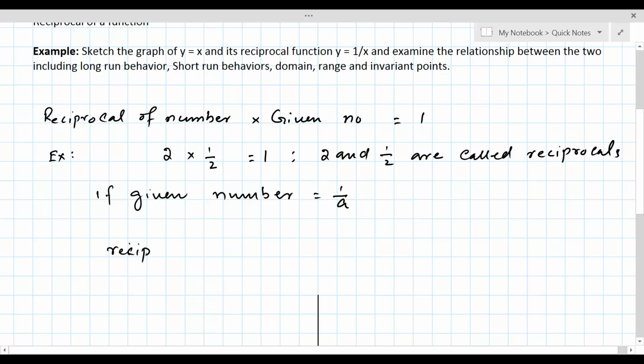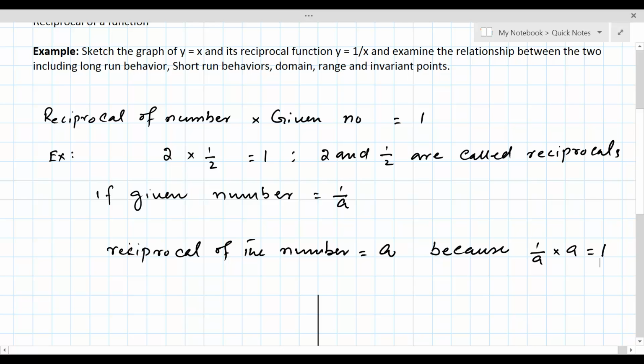The reciprocal of the number is equal to a, because if we multiply 1 over a with a, the answer would be equal to 1, because 1 over a times a is equal to 1.